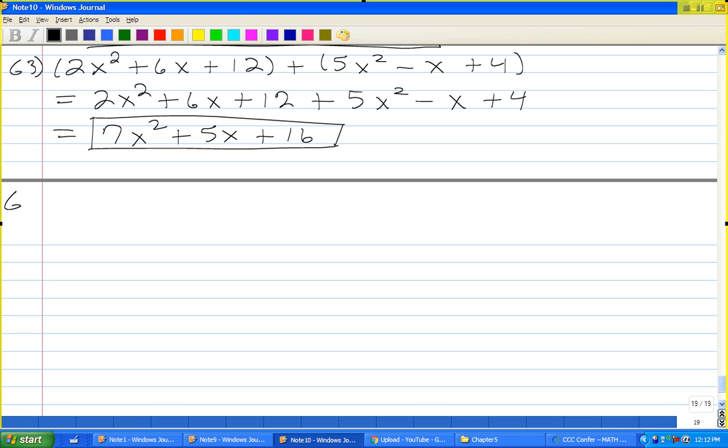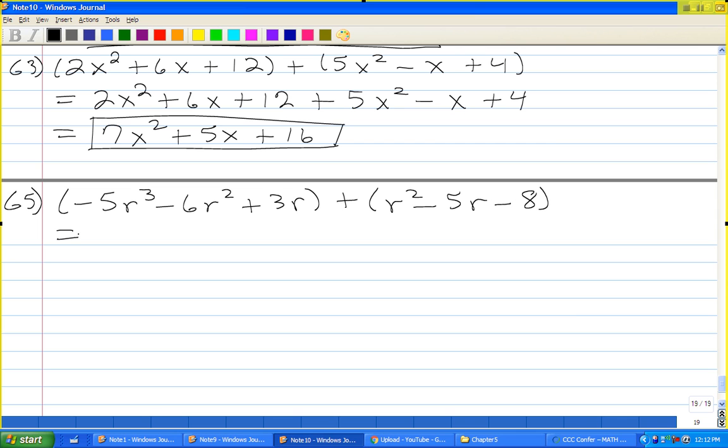Problem 65. Negative 5r cubed minus 6r squared plus 3r, plus r squared minus 5r minus 8. Get rid of parentheses.